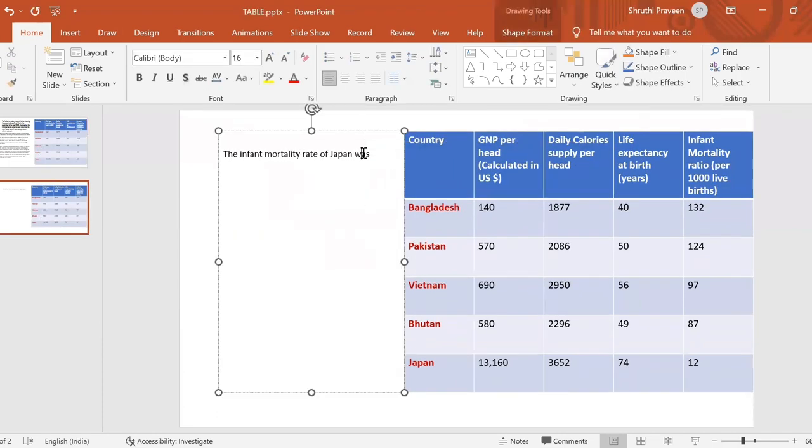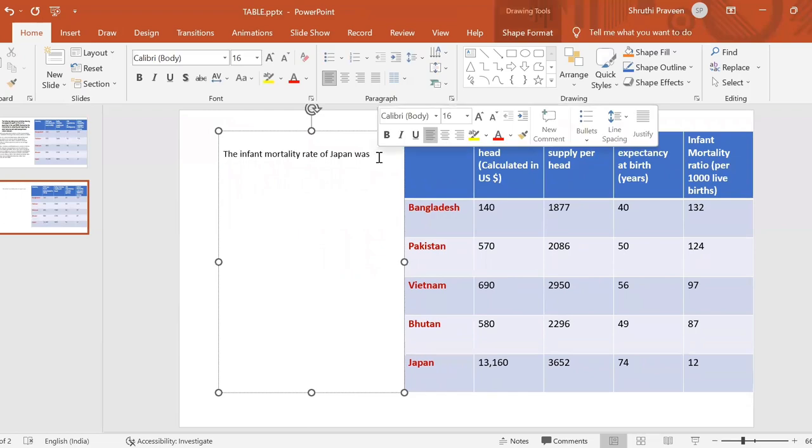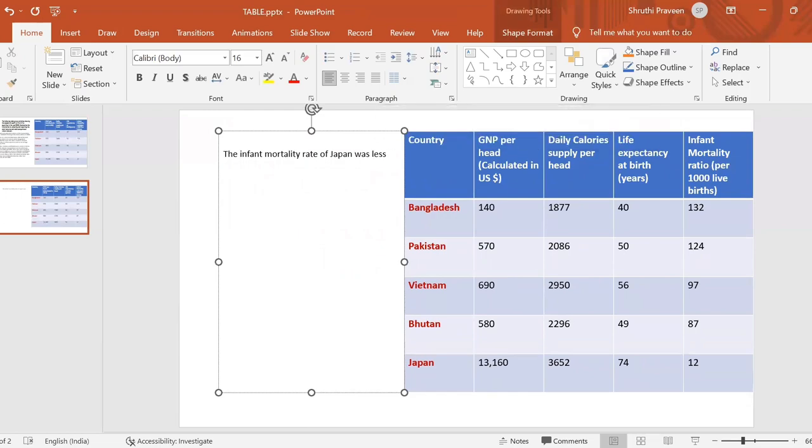Okay. Now the infant mortality rate of Japan was less than 1/10. So if you look at the figures, you understand that there is a connection between 132 and 12. 12 into 10 is 120, and this is more than that.